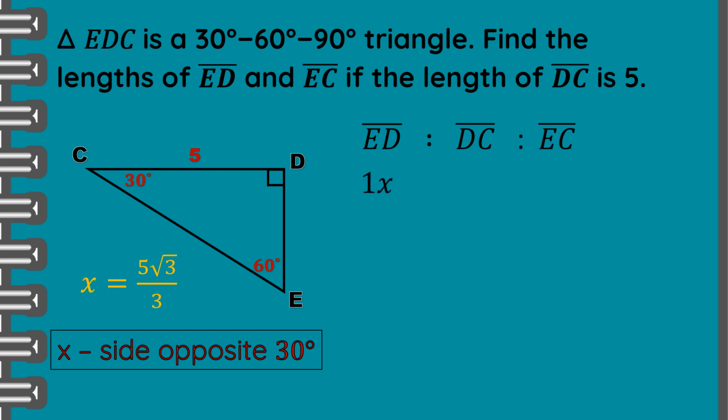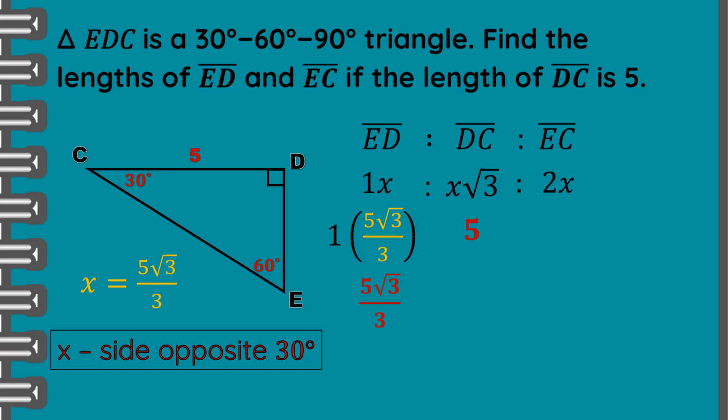That is 1x is to x square root of 3 is to 2x. So since we are given segment DC as 5 units, we can now say that segment DC is 5 units on the ratio. If the value of x is 5 square root of 3 all over 3, by substitution, we have 1 times 5 square root of 3 all over 3, and the product would be the length of segment ED, which is 5 square root of 3 all over 3.